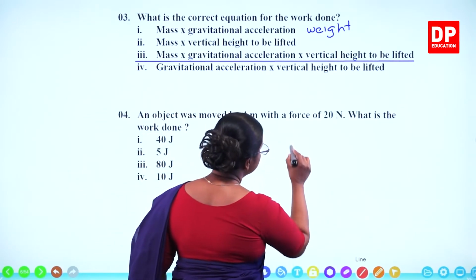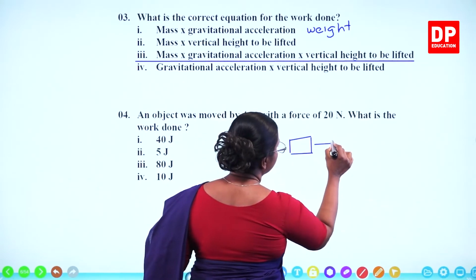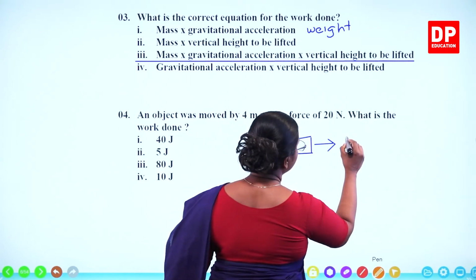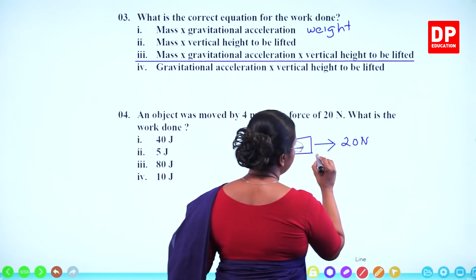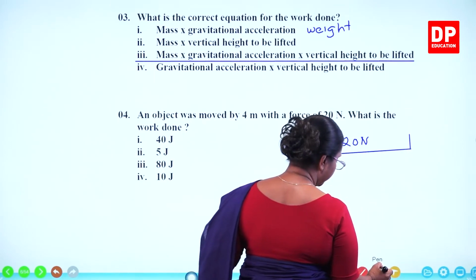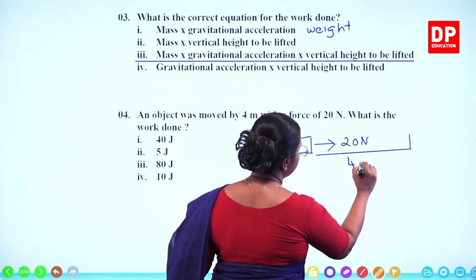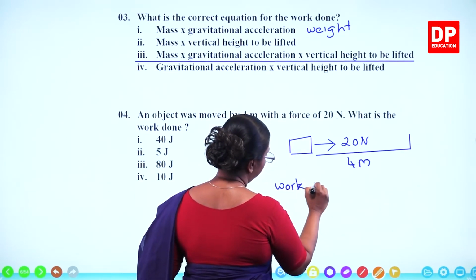If there is an object like this, a force is applied, 20 Newton, and this moves a distance of, up to here, it moves a distance of 4 meters. So work done is what?